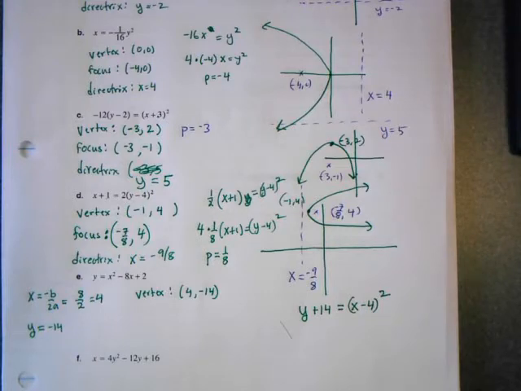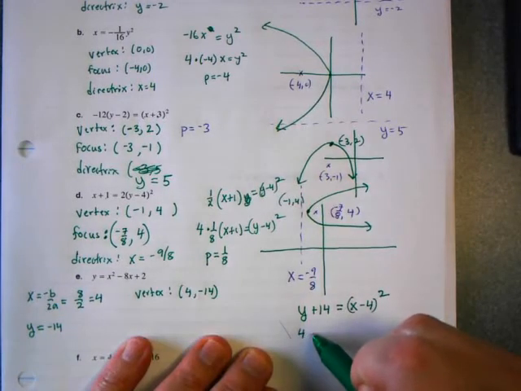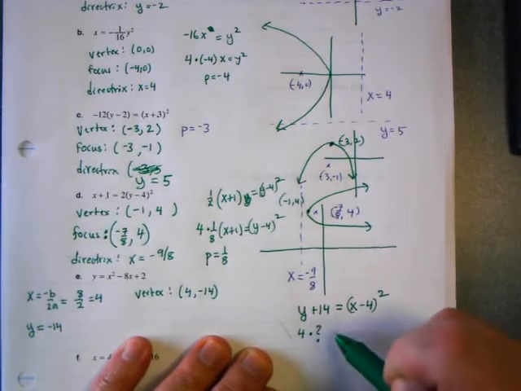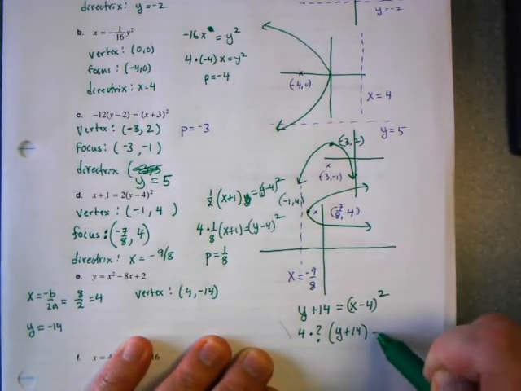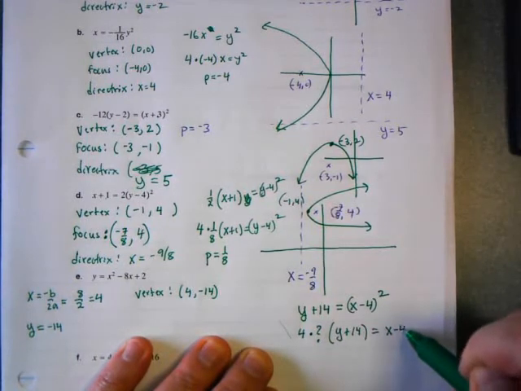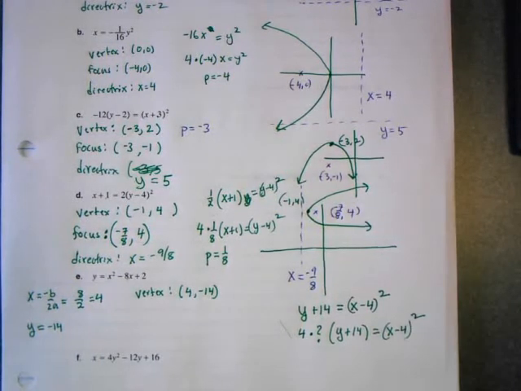I got to find p? I do have to find p. So I need 4 times something times y plus 14 to equal x minus 4 squared. So what's p? P should be 1/4.